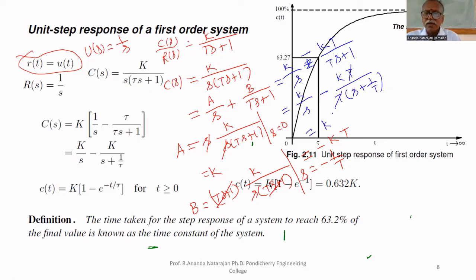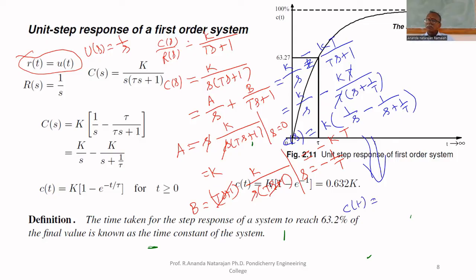Or you can write K multiplied by 1 upon s minus 1 upon s plus 1 by tau. Now we have factorized. If you find the Laplace inverse, you will get C of t.